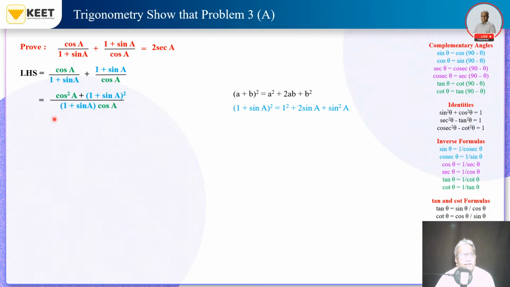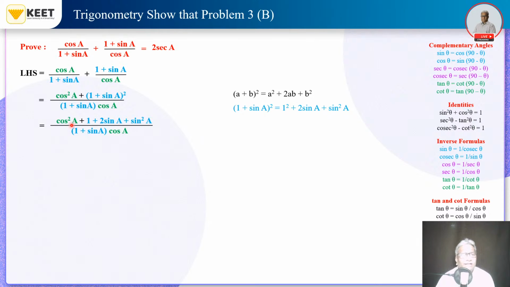So on expanding 1 plus sine A the whole square, we get cos square A, and the expansion is written here: 1 plus 2 sine A plus sine square A. The denominator is kept as it is. Now in the next step, this cos square A and the sin square A are brought together.